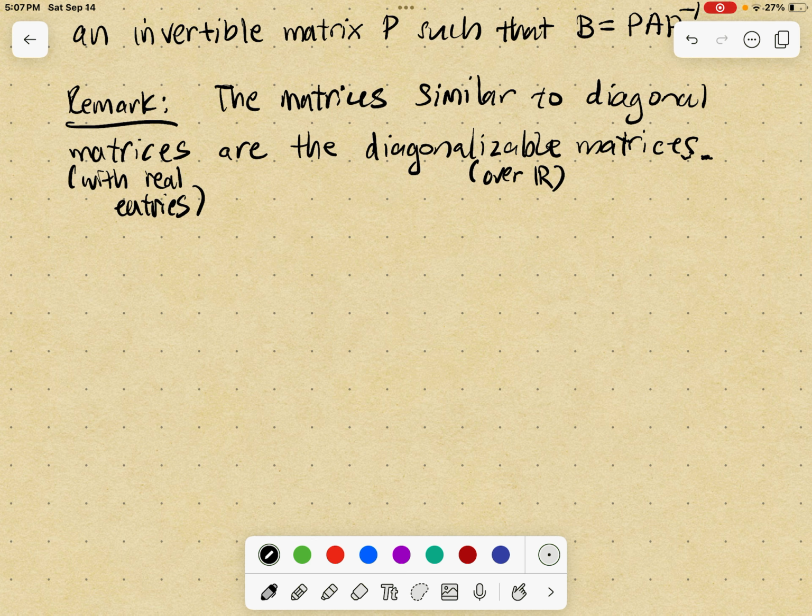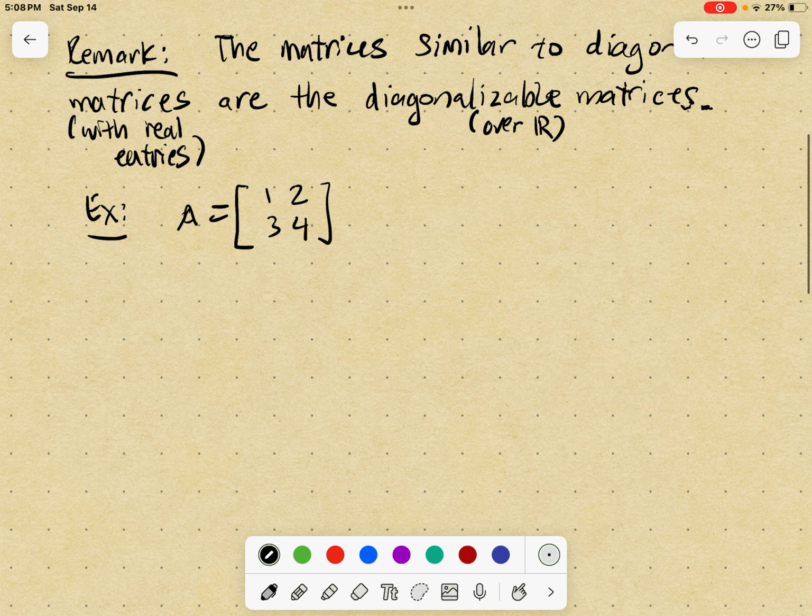Okay. So let's just look at an example. Let's say that you have a matrix 1, 2, 3, 4. Let's say that's A. How do we come up with a matrix that's similar to A? Well, you can just take P to be any matrix and then multiply PAP inverse.